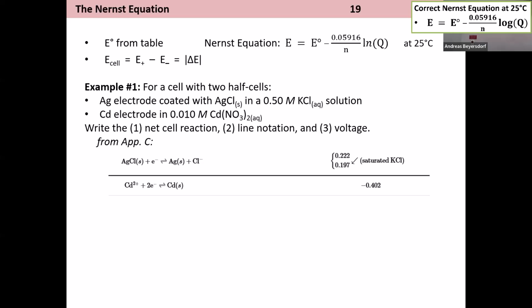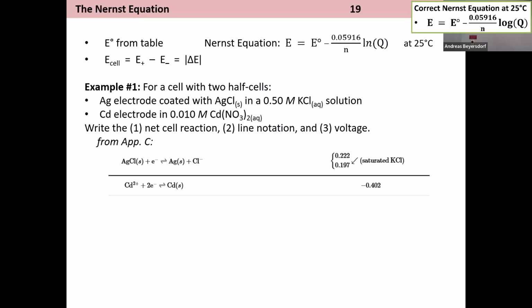So in order to calculate these, I'm going to start with the E for the anode, right? By the way, a lot of times we just call this E minus, signifying the anode.